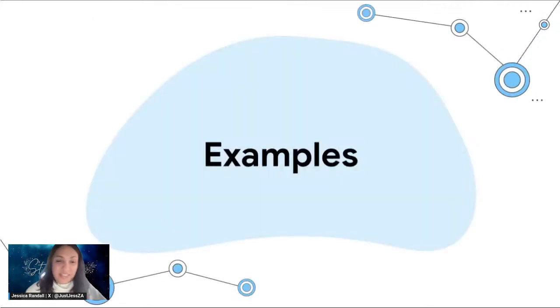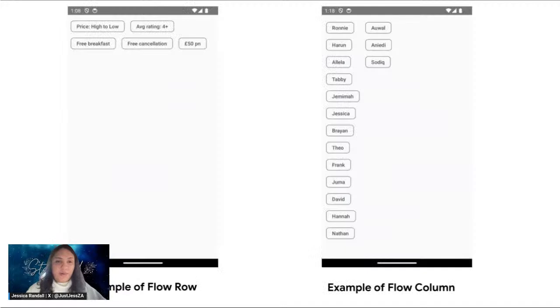So let's look at some examples. On the left-hand side of my screen, we have an example of flow row. What we have basically are ticket items. The scenario is like you're going to a hotel for accommodation and they have all these items that you click on and you want to arrange with flow row.